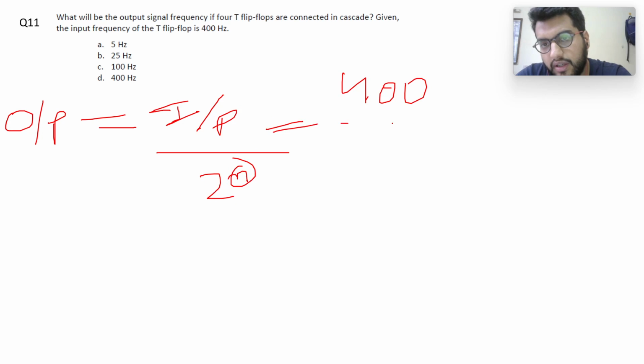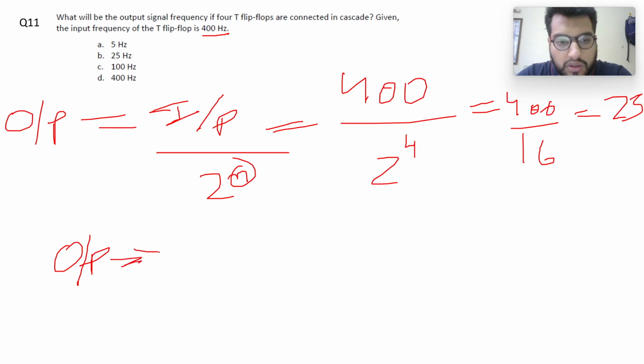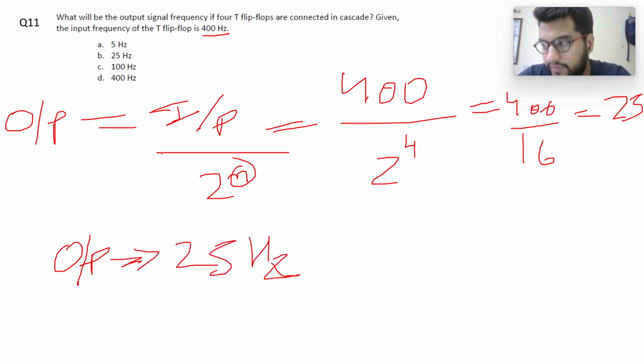So we have 400 divided by 2 to the power 4, which is 400 divided by 16, and that is simply equal to 25. So the input clock frequency was 400 Hertz, so the output frequency will be equal to 25 Hertz. So option B is my correct option.